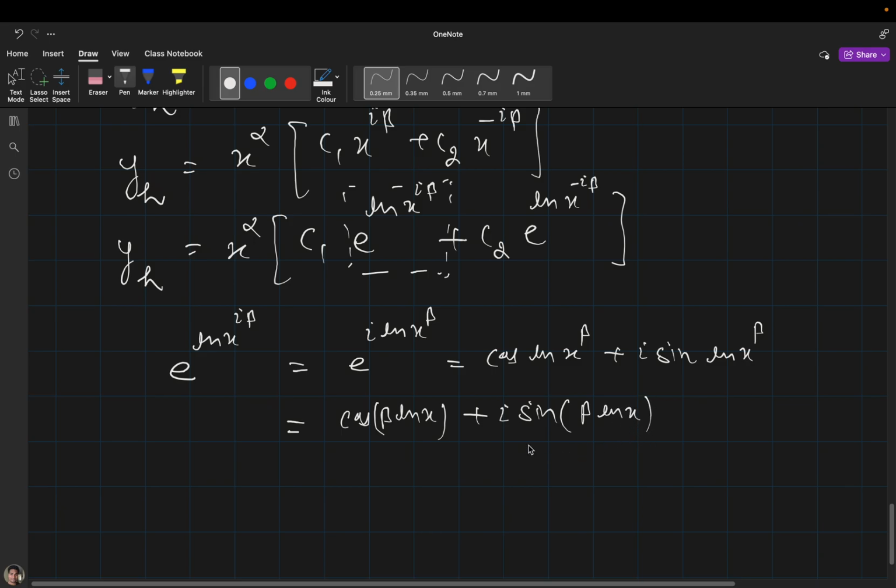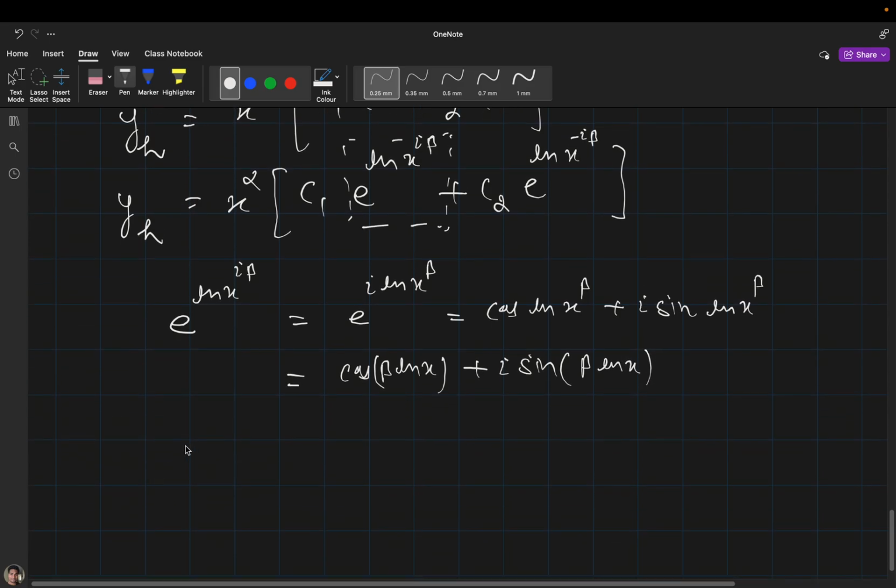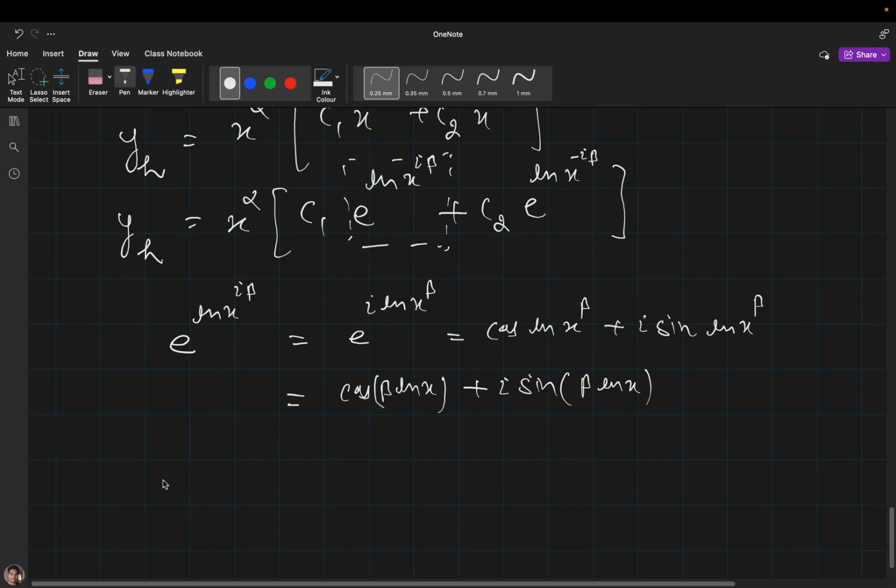Now again, for the term e raised to the power x raised to the power minus iβ, you can write cos(β ln x) minus i sin(β ln x).